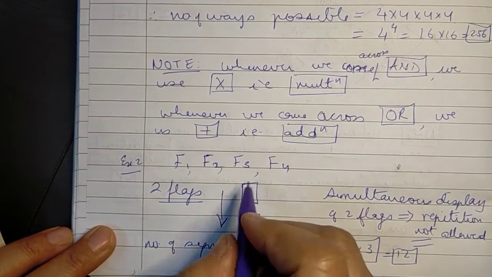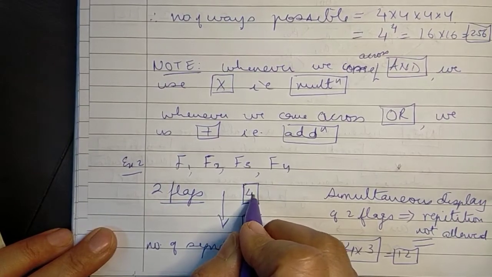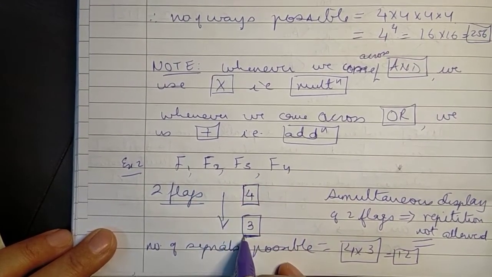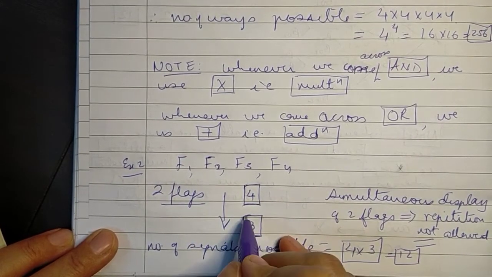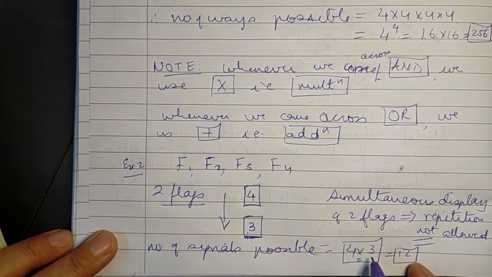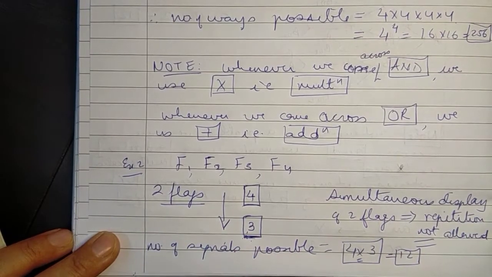That's why we say the first position can be filled up in 4 and one flag is already being used, so that can't be repeated. So the remaining 3 are available to fill up the second position. And since we are using the word and in between, the total number of ways possible is 4 into 3, which is 12.